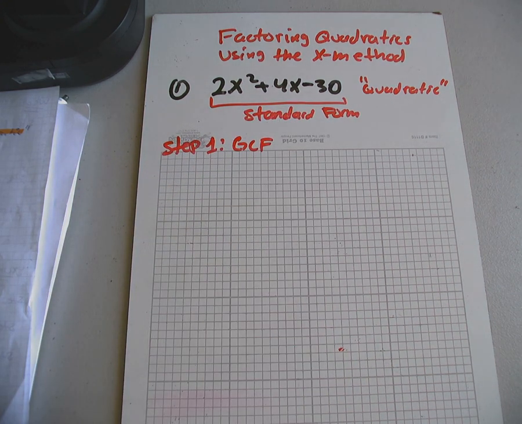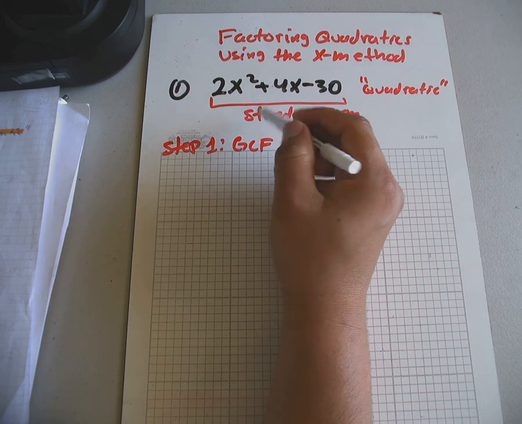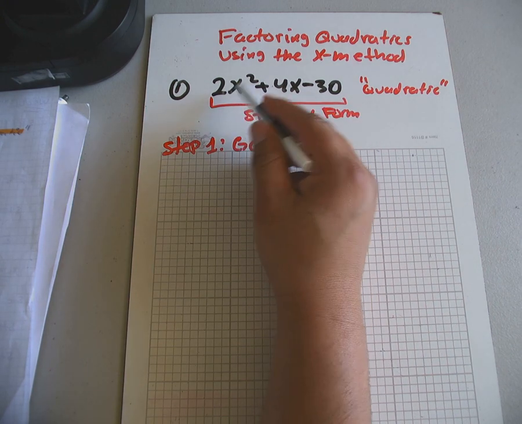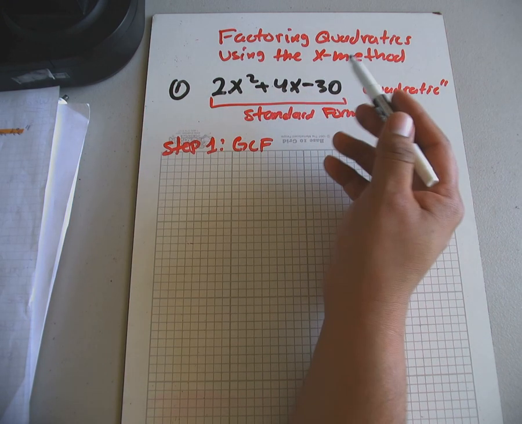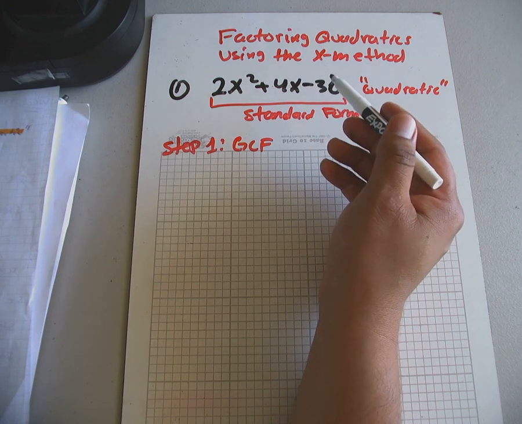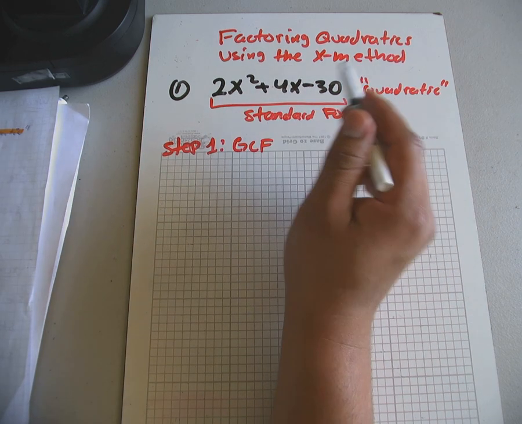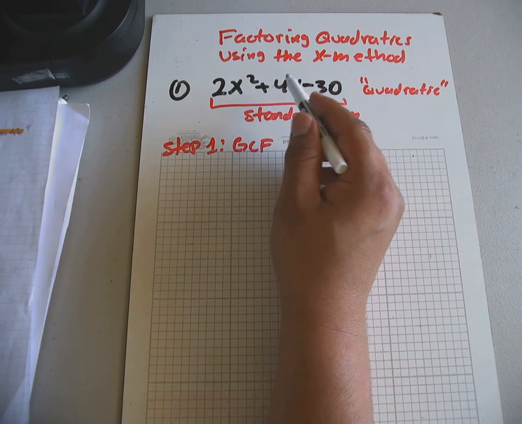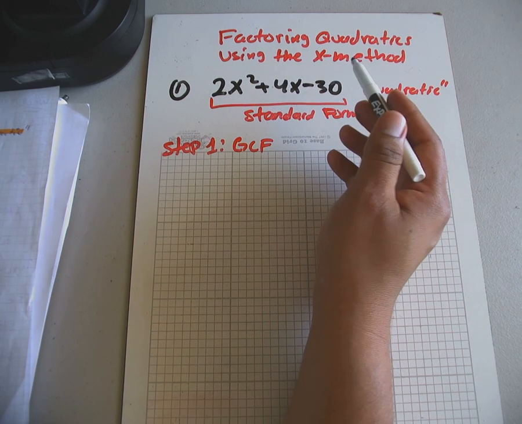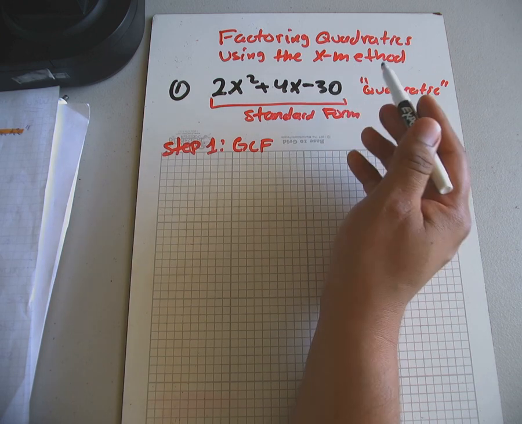The GCF is the biggest number that divides 2, 4, and 30. In this case, the biggest number is 2, because 2 goes into 2 once, 2 goes into 4 two times, and 2 goes into 30 fifteen times.